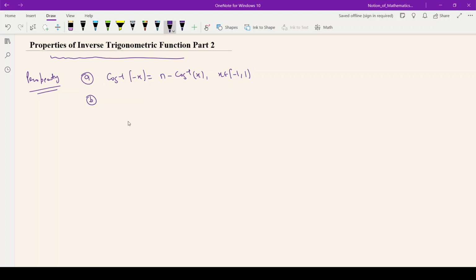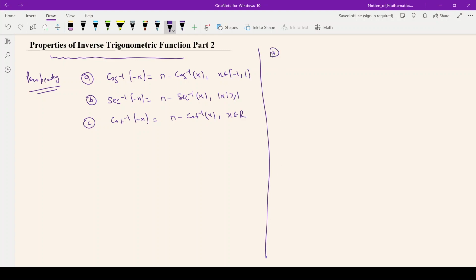Property B: secant inverse of minus x is pi minus secant inverse x, where mod x is greater than or equal to 1. And property C: cot inverse of minus x is pi minus cot inverse of x, and x is taken from the real line. So I am proving the A part here.